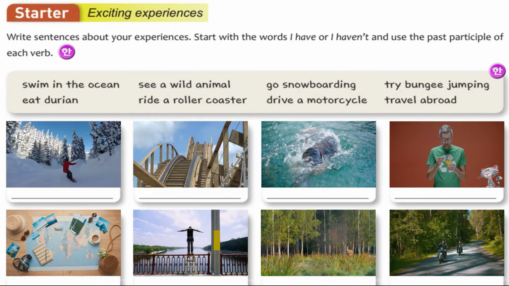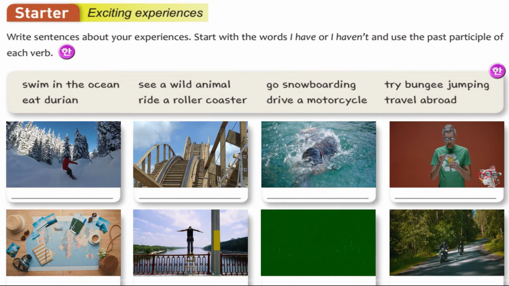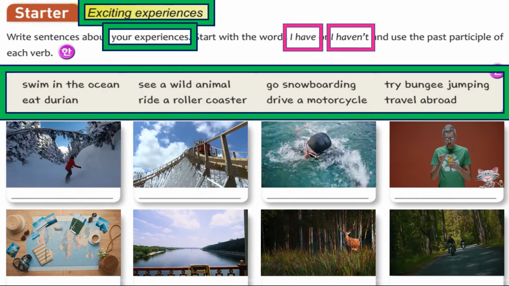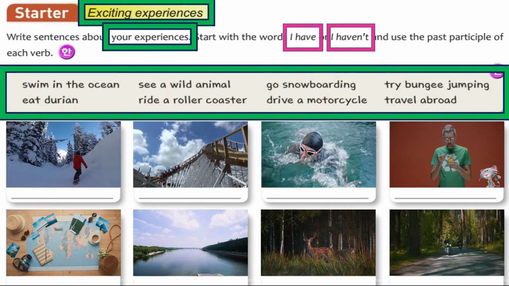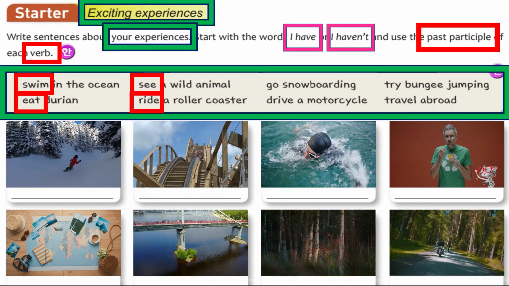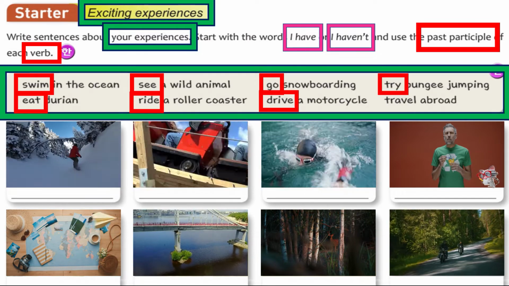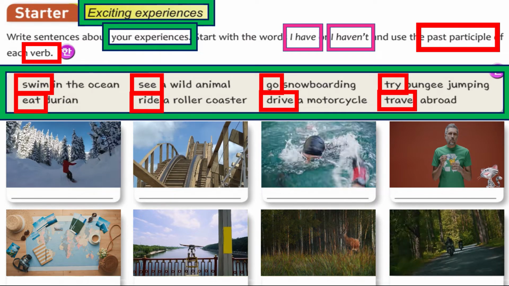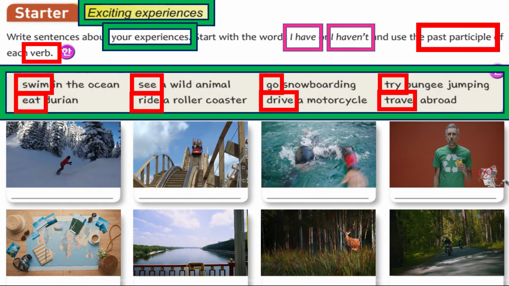So as it says, for the sentences, we want to write them using I have or I haven't about these experiences, using the past participle of each verb. So here we've highlighted in red each verb, but the verb here is written in the infinitive or base form. Any other terms for that?